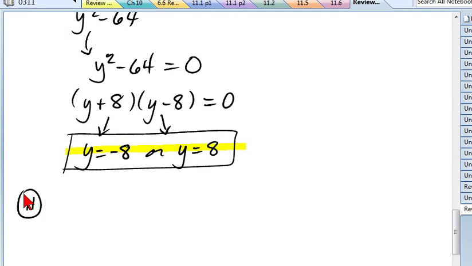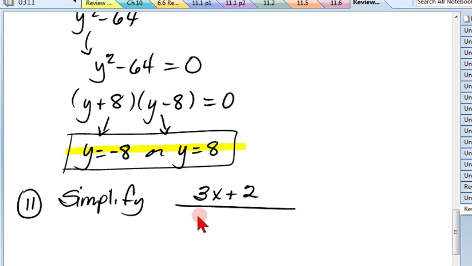Number 11, it asks you to simplify. And it gives the rational expression 3x plus 2 over 12x squared plus 23x plus 10.